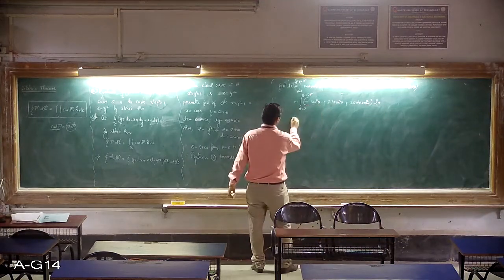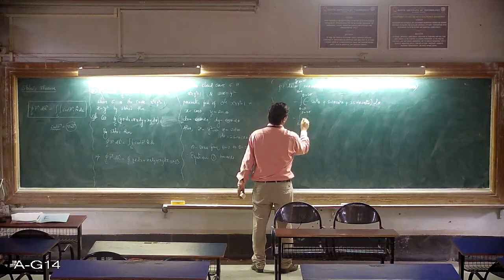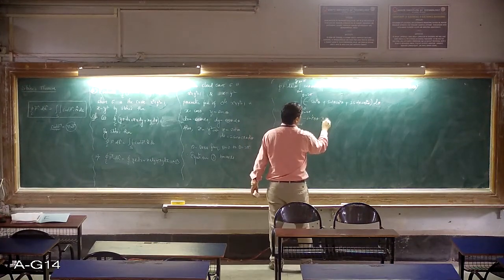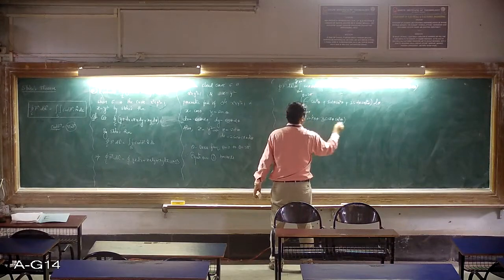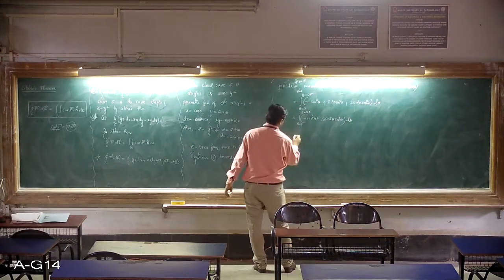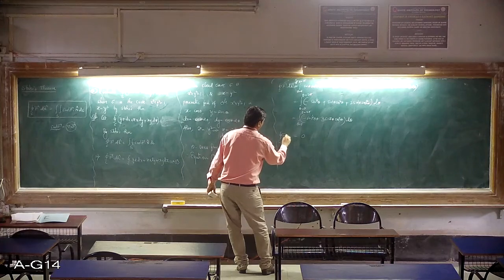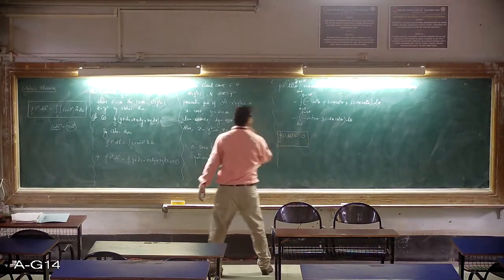Its simplification is the integration from 0 to 2 pi of minus sin raised to 4 theta plus 3 times sin square theta cos square theta d theta. Its value is 0, so therefore the integration over closed curve of F dot dr is equal to 0.